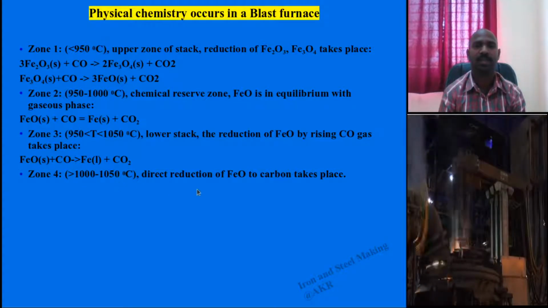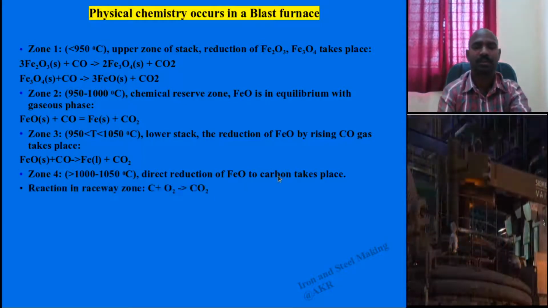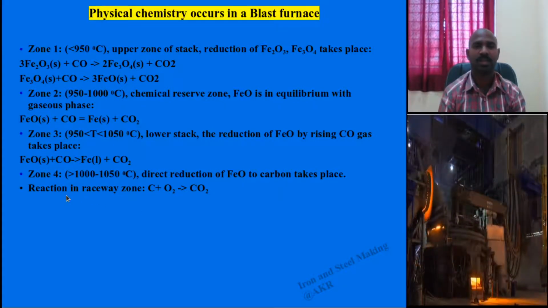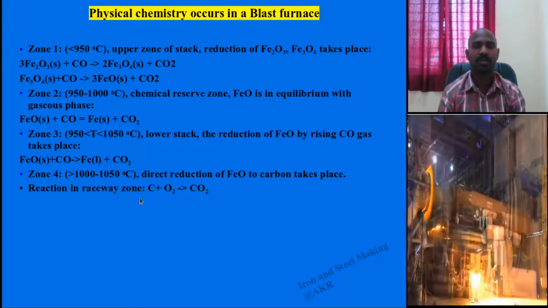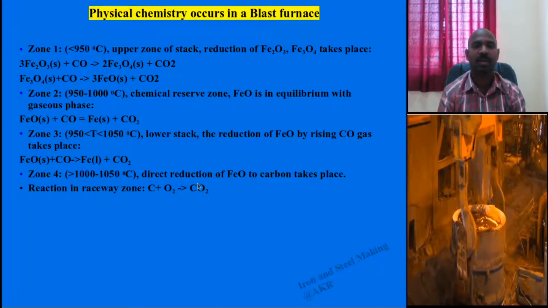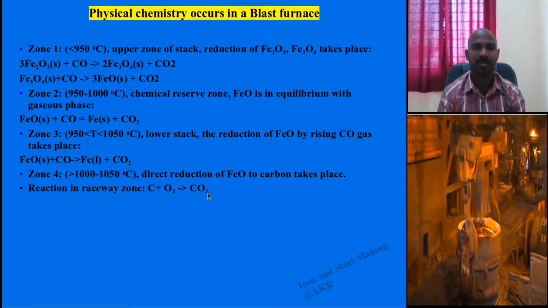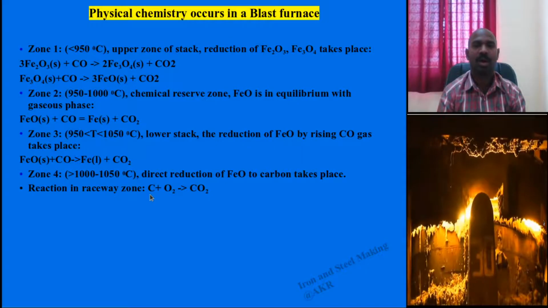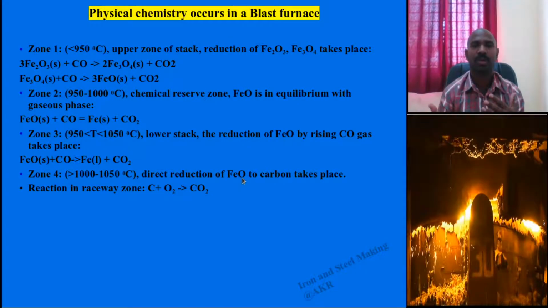Above 1050, the FeO with carbon reaction takes place, because that particular carbon is the carbon in the coke, forming CO2 continuously at the raceway. This carbon also reacts with the initially formed slag.